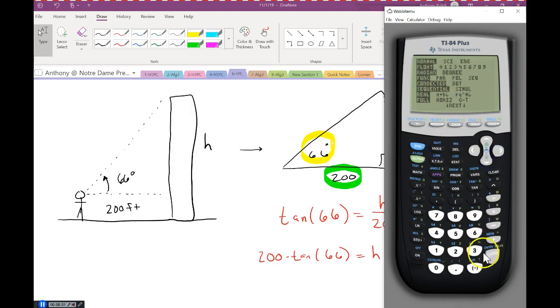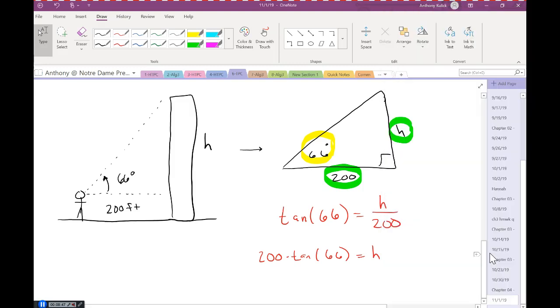I'll start by changing my calculator to degree mode. And then we'll do 200 times tan 66. And when I do that, I get 449.21 feet.